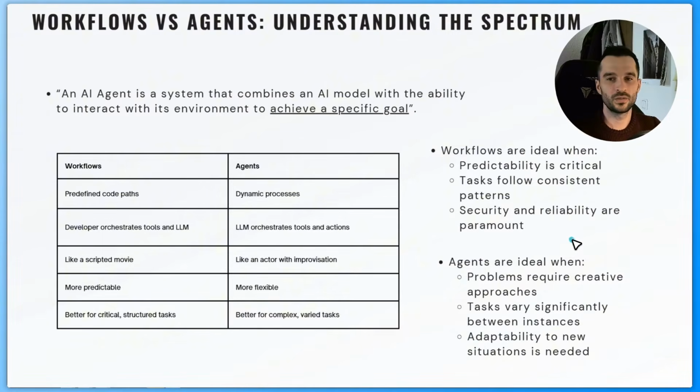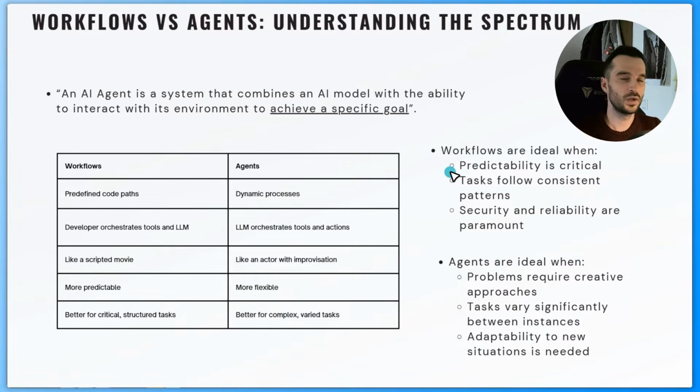On this slide, I quickly recapped the key characteristics of a workflow and an agent. We will not go further into this, but we will have a look at when you should use workflows over agents. As you can imagine, workflows are best when you have very critical situations to manage, because then you can rely on the structure that you defined, and when a task follows consistent patterns and you can predict it.